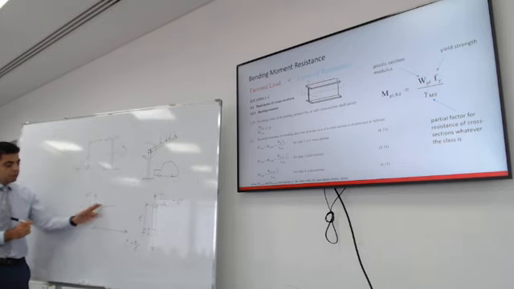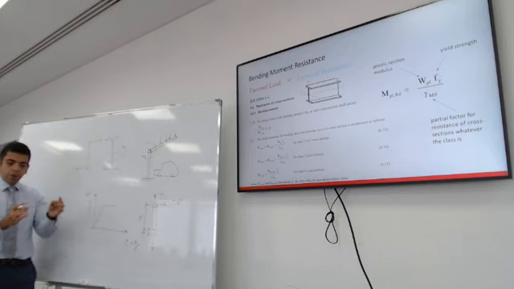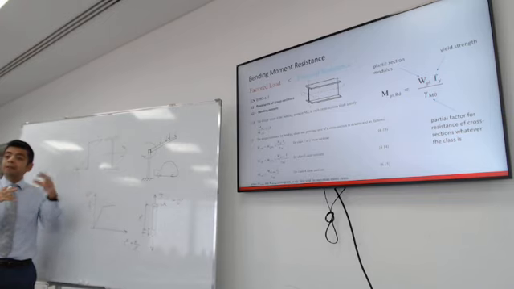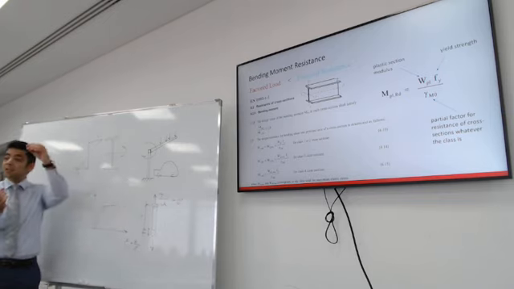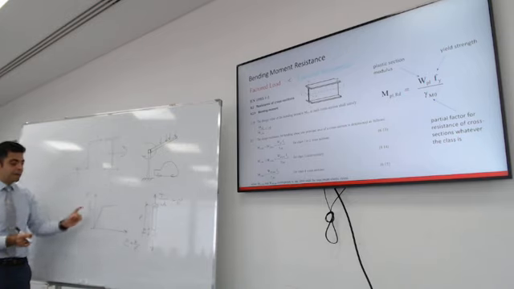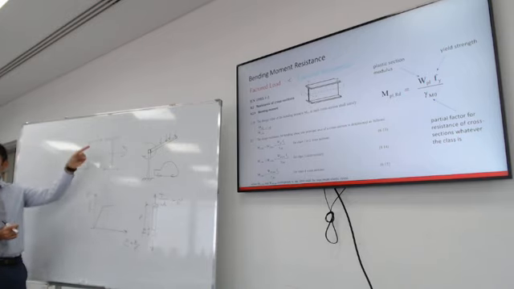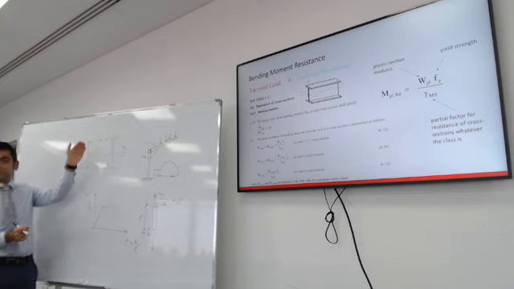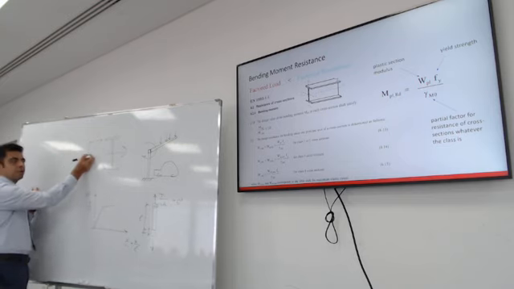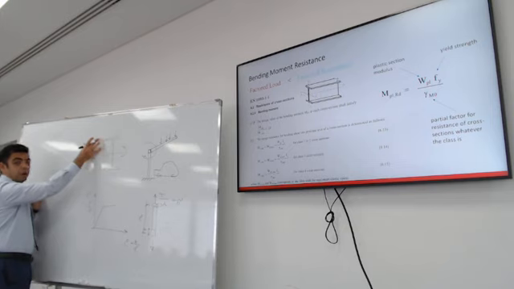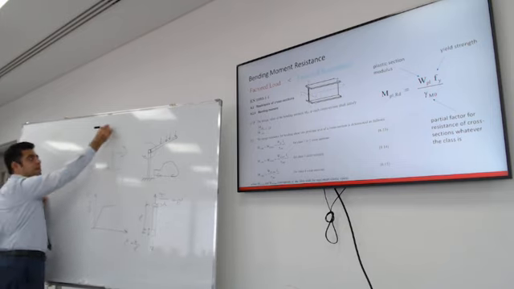Once you get to the yield, there will be more deformation without additional load. The steel section cannot take more load. And this is translated exactly in the stress curve. This part has stress smaller than the maximum stress at the top. What I want to do is make sure that this does not exceed the yield stress of steel.